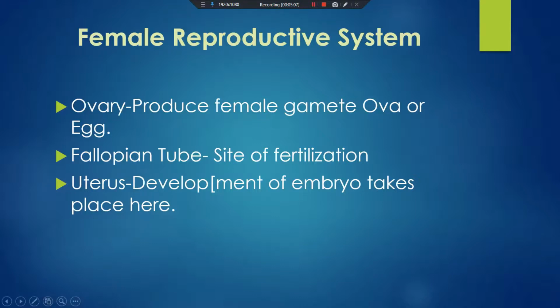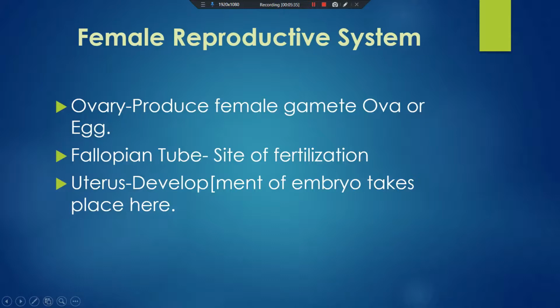Another function of the ovary is to produce the female sex hormones, that is estrogen and progesterone. Estrogen and progesterone are responsible for the secondary sexual characteristics of the female. Next comes the fallopian tube.